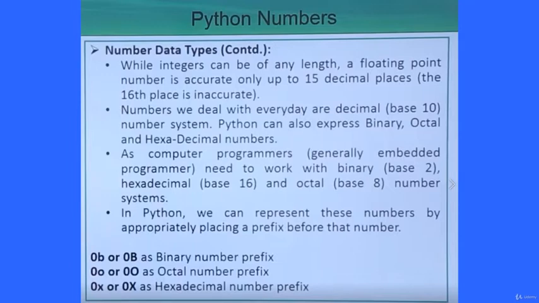Now, what are the prefixes? We can write 0 small b or 0 capital B as the binary number prefix, 0 small o or 0 capital O as the octal number prefix, and 0 small x or 0 capital X as the hexadecimal number prefix. So these are the prefixes we have to represent the respective numbers.